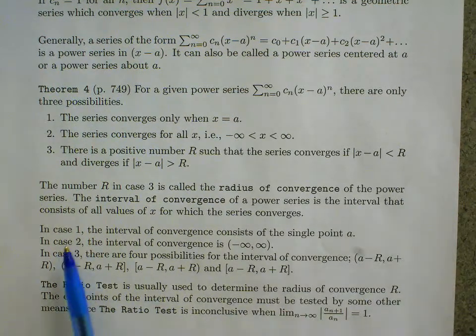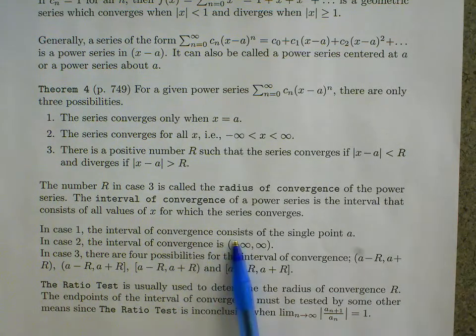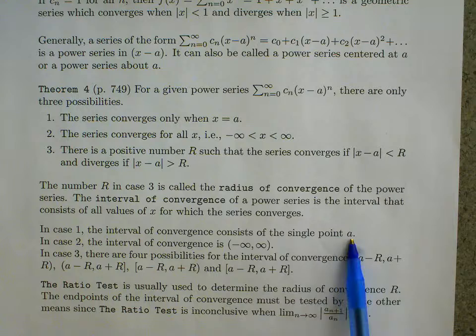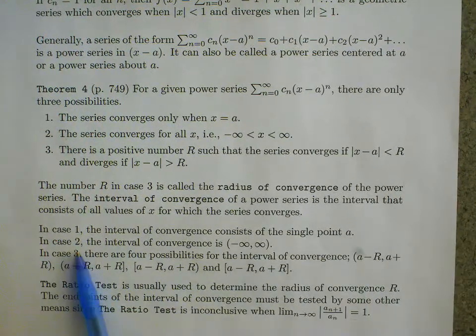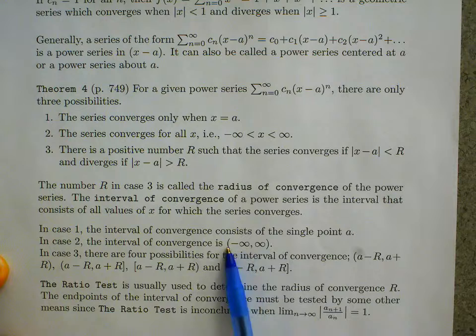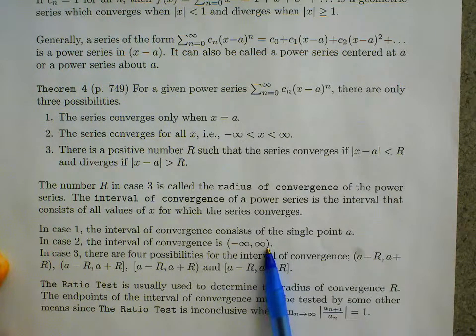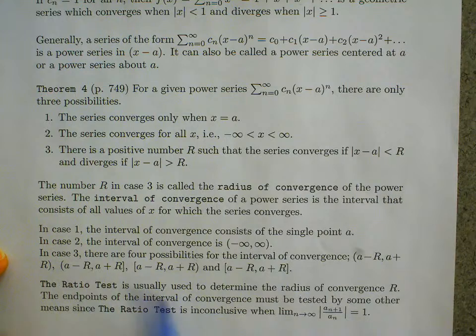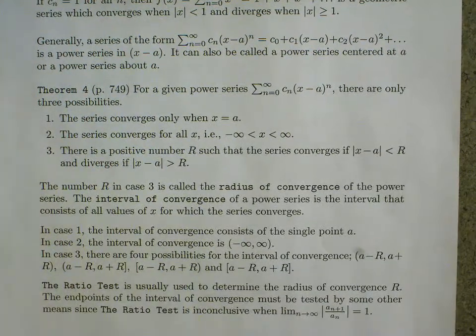So in case 1, the interval of convergence consists of a single point a. In case 2, the interval of convergence is the set of all real numbers, negative infinity to infinity. And then in case 3, there are 4 possibilities for the interval of convergence.